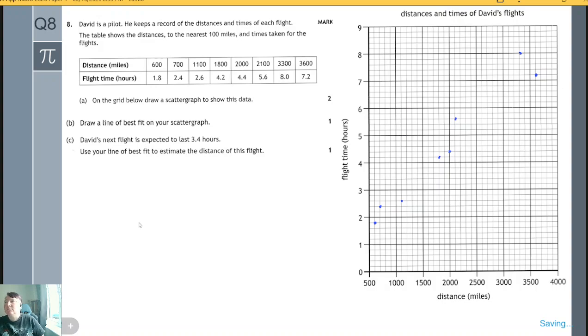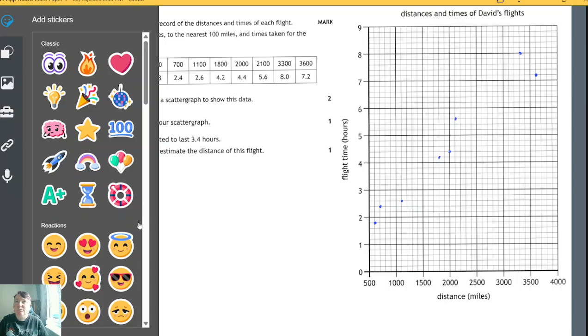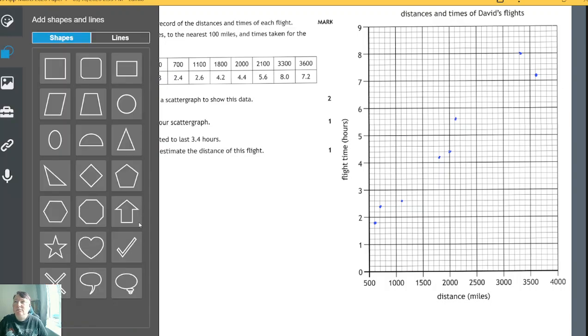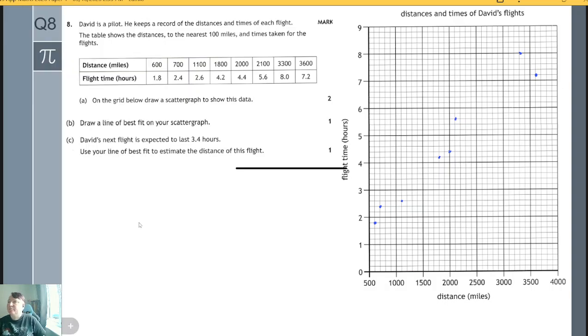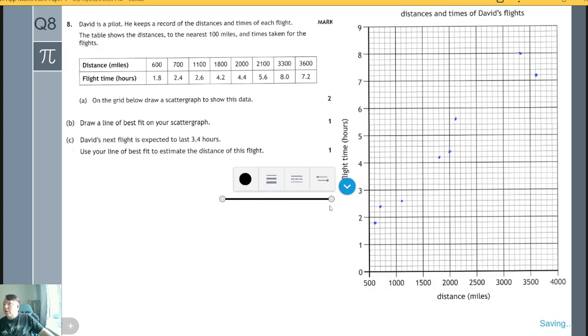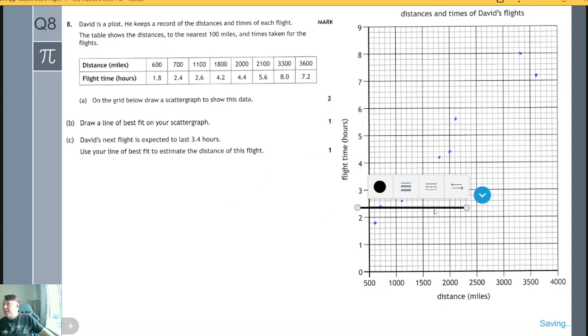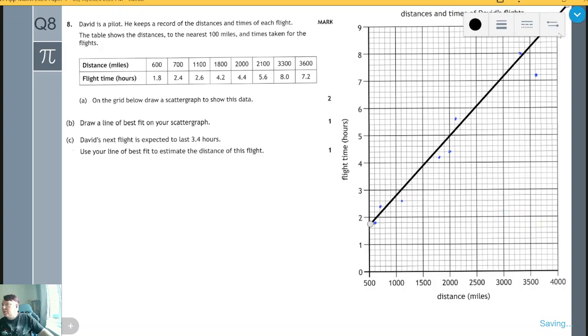Okay, now to draw our line of best fit. I am going to use the drawing tool for this one. Let's get it over here, about here-ish, and draw it up here.